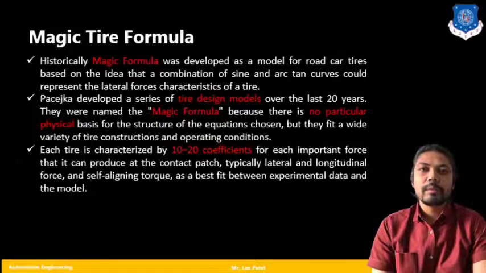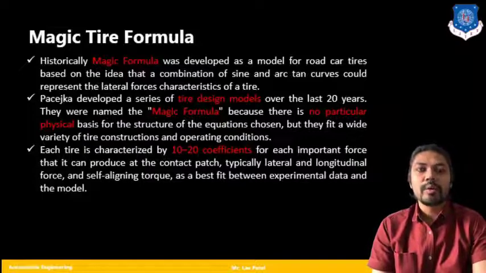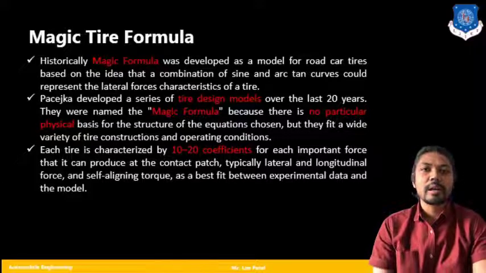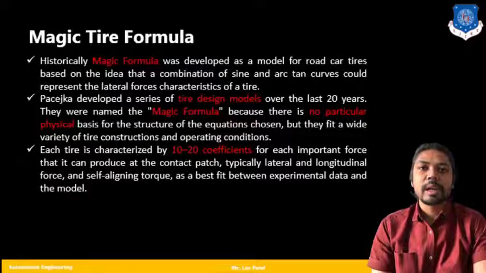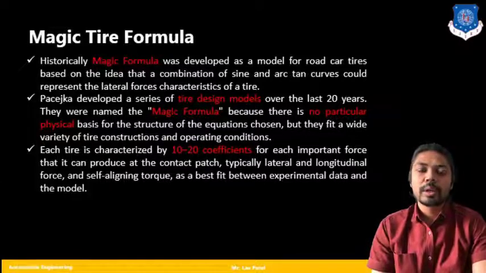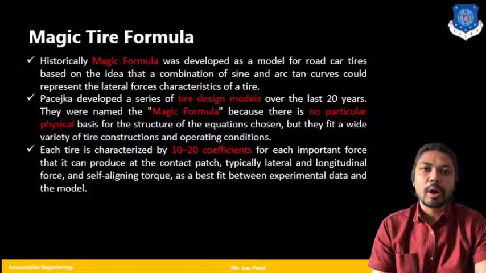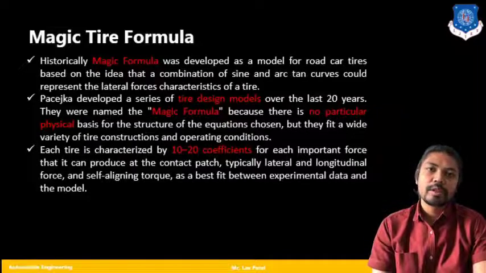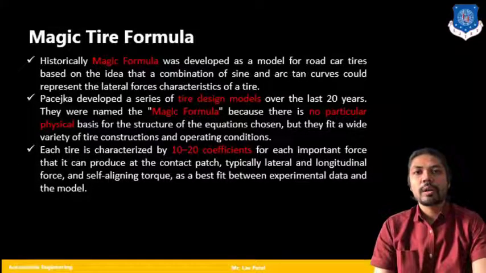So moving further, each tire is characterized by a number of coefficients. Here it is written that 10 to 20 coefficients are there and each is important for the forces that can be applied onto the tire. Different contact patch, lateral forces, longitudinal forces, self-aligning torque.